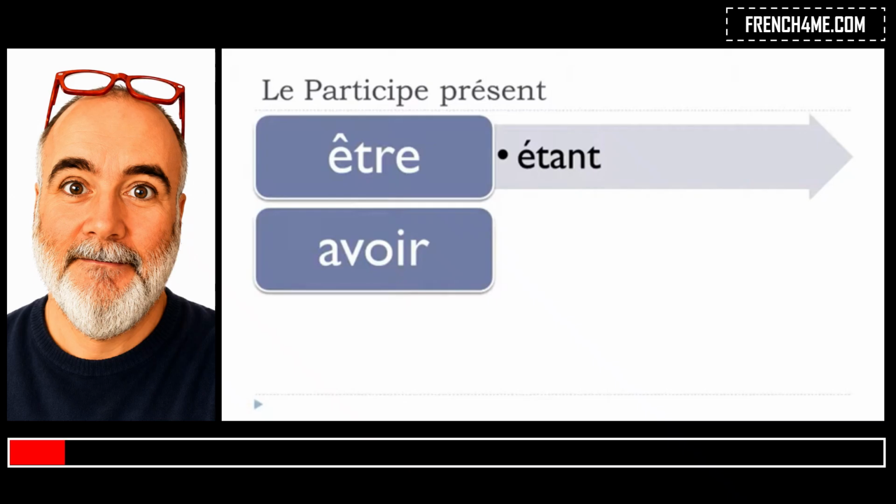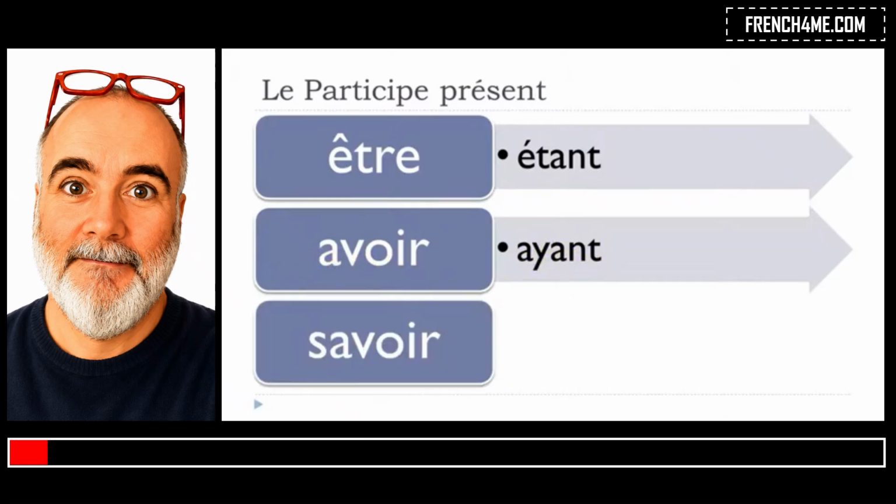And then avoir, to have, and you will get ayant. Ayant will be the participe présent form of avoir. And the last one will be savoir. Savoir is to know, and we will get sachant. So étant for être, ayant for avoir, and sachant for savoir.